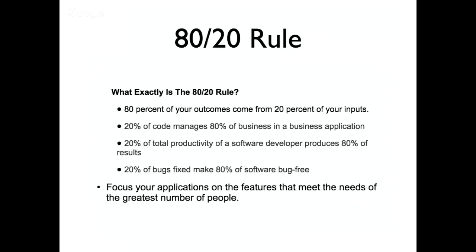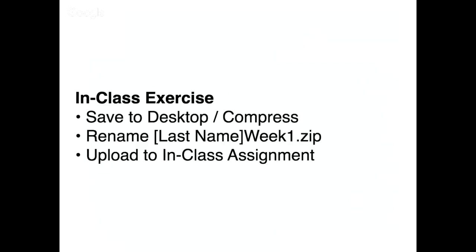So 80% of your outcomes come from 20% of your inputs, 20% of your code manages 80% of business and application, 20% of the total productivity of a software developer produces 80% of results, 20% of bugs fixed makes 80% of software bug-free. That's the 80-20 rule. So you focus your apps on features that meet the needs, again, of the greatest number of people.